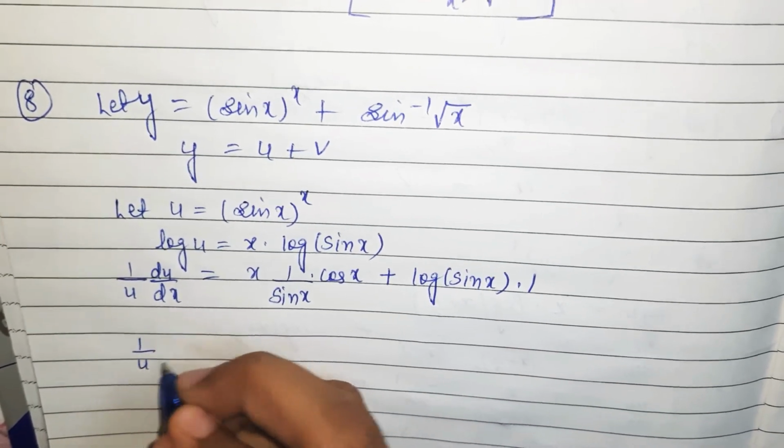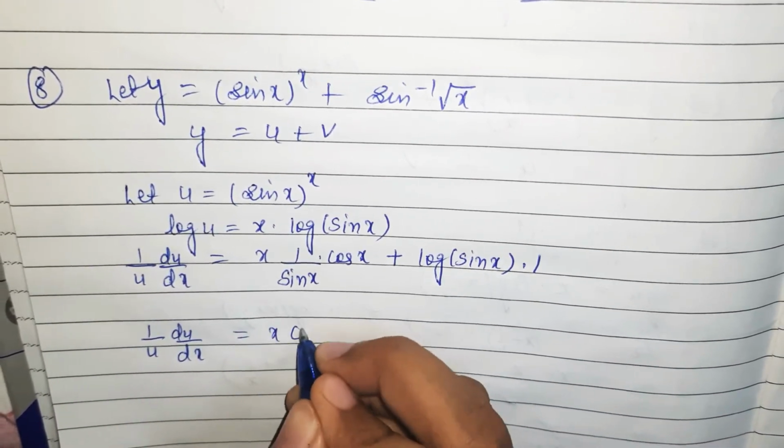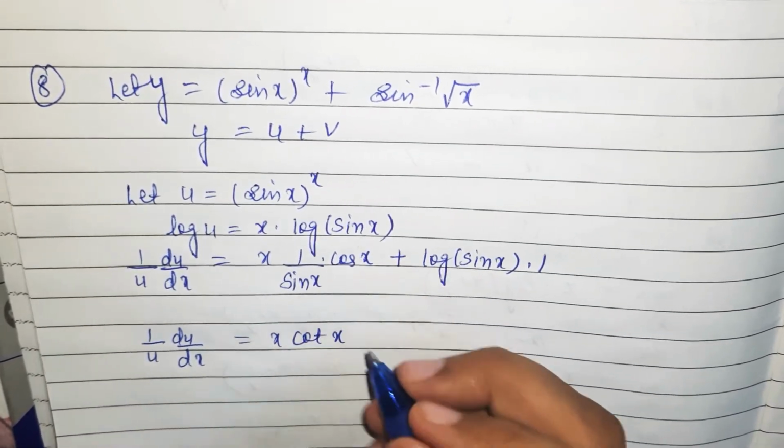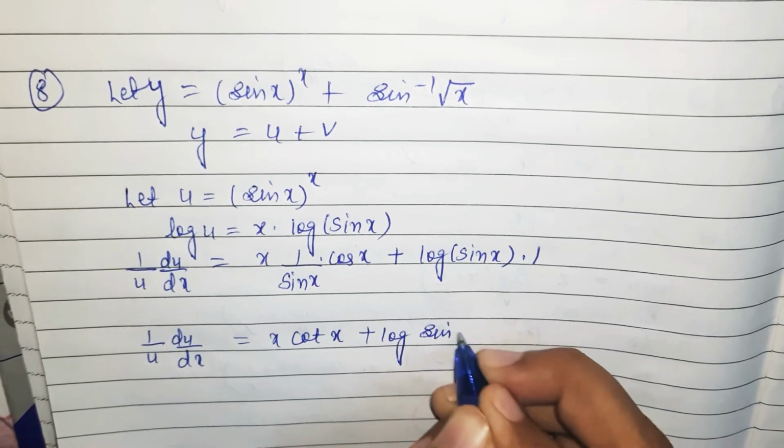So 1/u du/dx, I am getting x cot x, this upon this will be cot x, plus log of sin x.